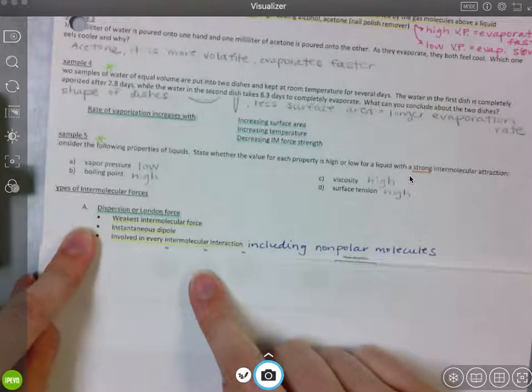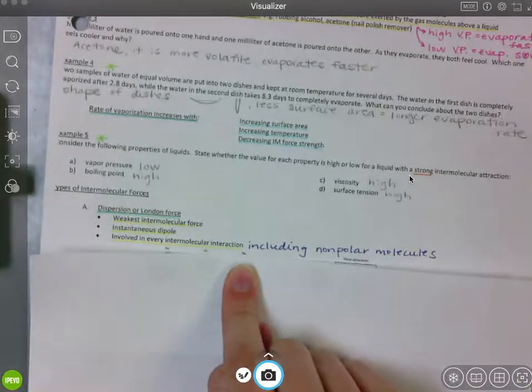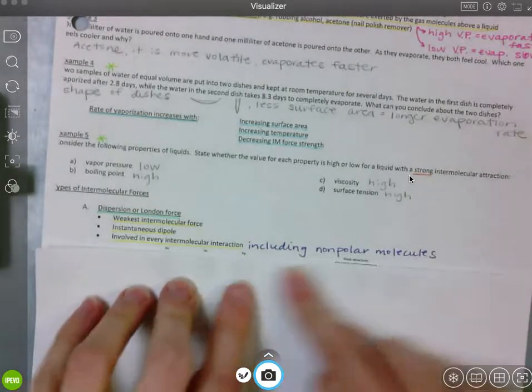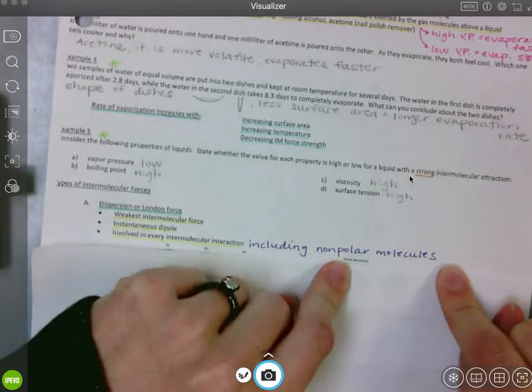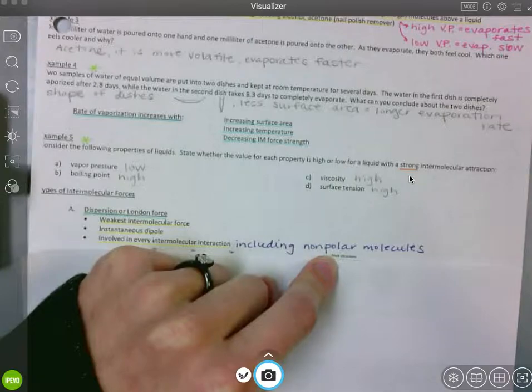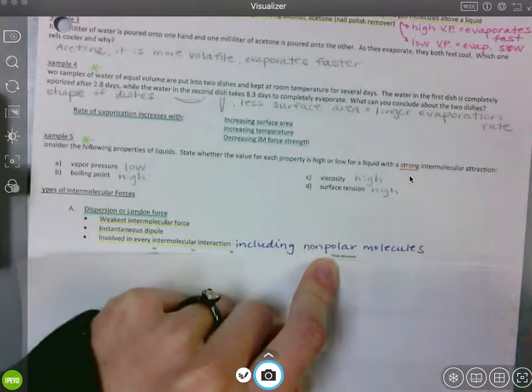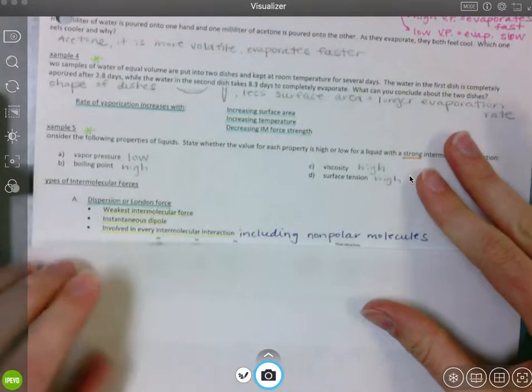They cause instantaneous dipoles. We'll talk a little bit about that. And they're involved in every intermolecular attraction, including nonpolar molecules, and including, I don't have it written down, but please write it on yours, non-bonding molecules. So let's think of the noble gases. These happen in nonpolar molecules and in our noble gases.